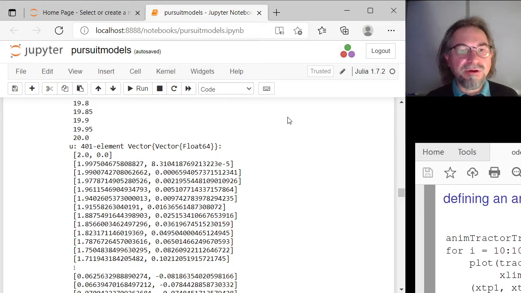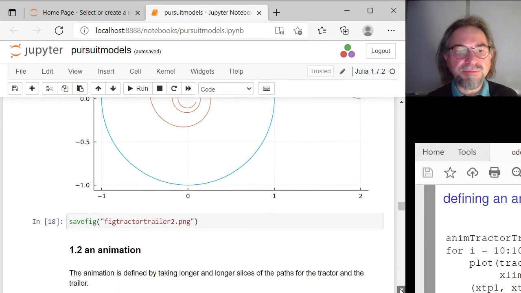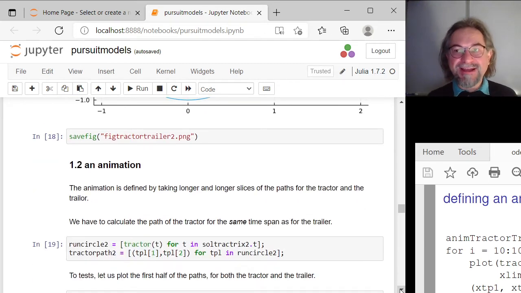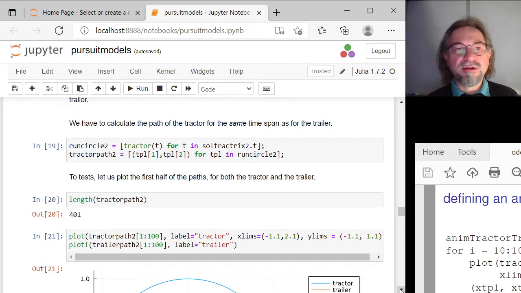We have 400 elements instead of 39, and that leads to a very smooth trajectory, as we would expect. And now comes the animation. The reason why I'm going to the Jupyter notebook: what is important here is that now we are thinking in time.